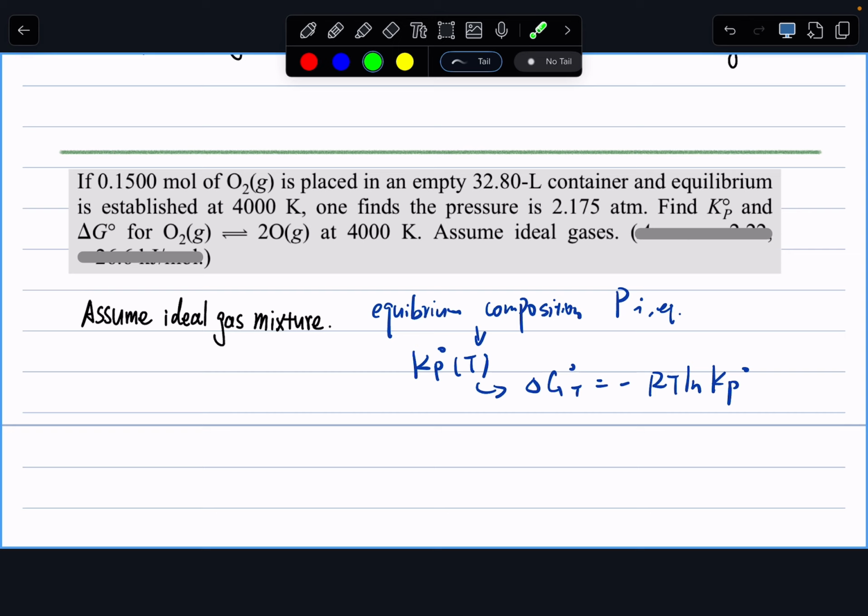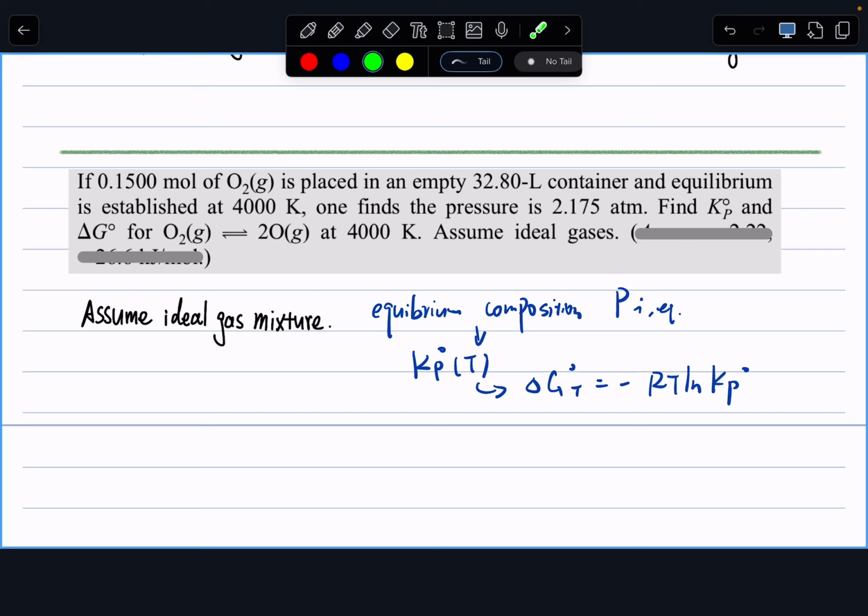And you have to translate that with the pressure. Let's see. What is my pressure there? Oh, sorry. I'm missing something. We're talking about the partial pressure here. So that's the mole fraction of my species times the total pressure at equilibrium. So that's the missing part.